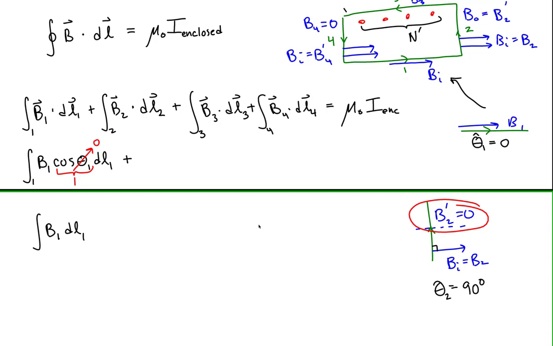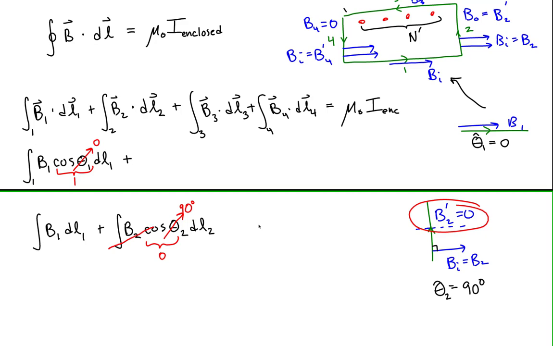So it'll either be equal to 0, or the integral of B2 cosine of the angle between that portion of the magnetic field along that line segment 2. But as we see, the angle between the magnetic field and that line segment is 90 degrees, and the cosine of 90 degrees is 0.